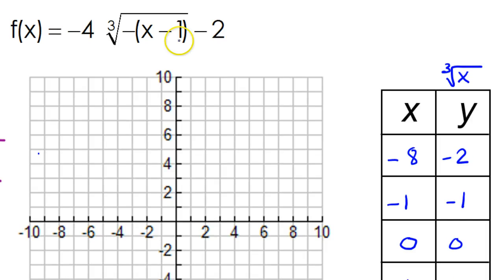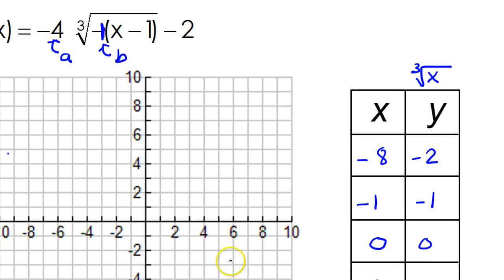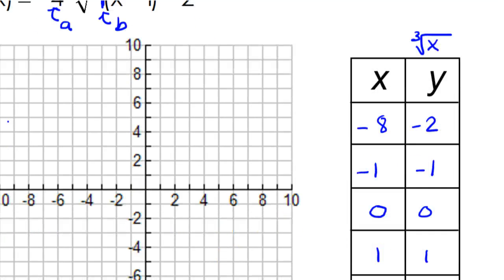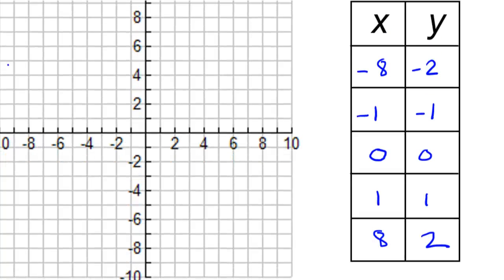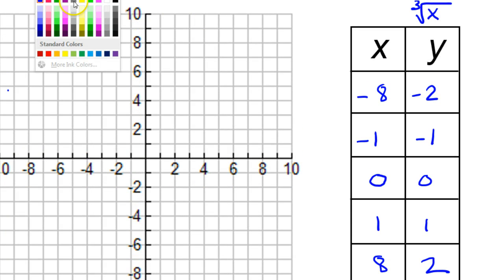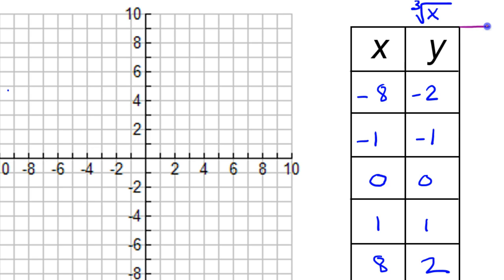We have an a value, so I will need a new y column. We have a b value of -1, so I will need a new x column. Let's see, got to move over a bit. For the new y column, I'm going to put in a new y column over here.